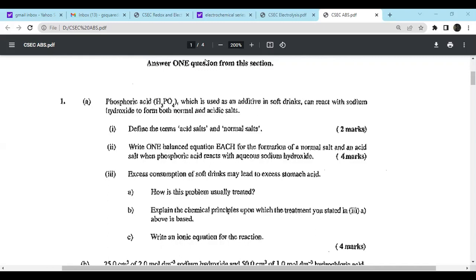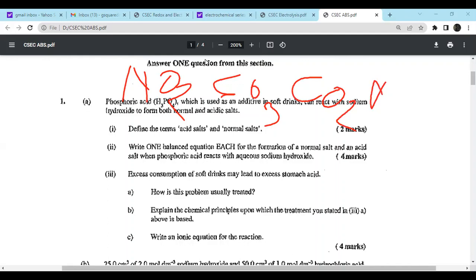Acidic oxides are oxides of non-metals. In other words, it's oxygen bonded to a non-metal. So non-metals such as nitrogen bonded to oxygen, sulfur bonded to oxygen, right? Carbon bonded to oxygen. All of those elements have oxygen bonded to a non-metal.